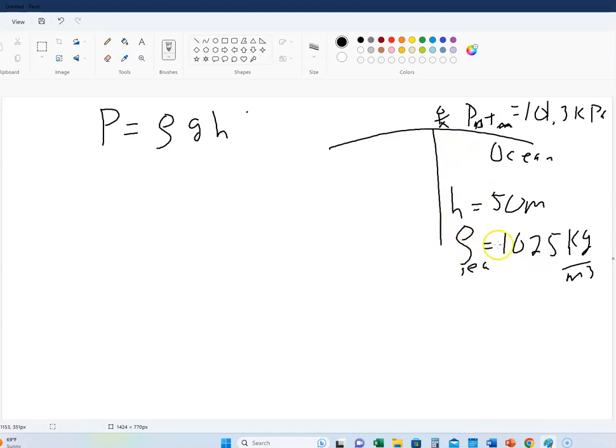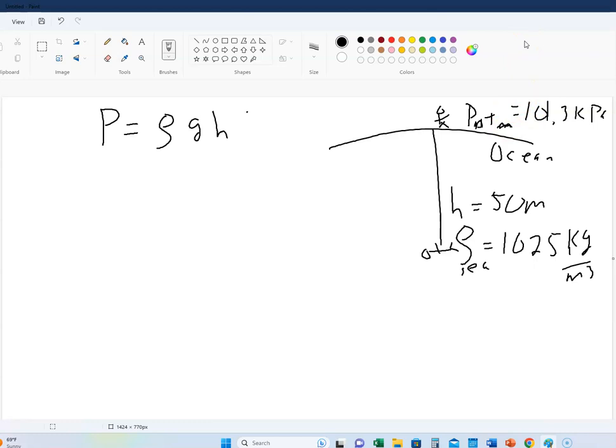If we're at a depth of 50 meters, so here's our person, 50 meters down, what's the pressure on them? Now, keep in mind, we're not going to add the pressure of the atmosphere to this. This will be the gauge pressure, the pressure that they feel.